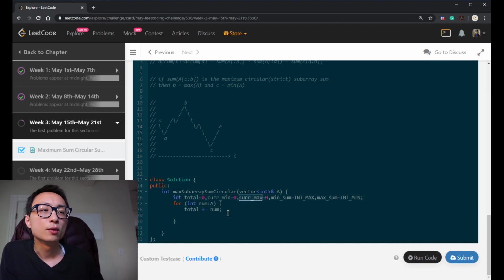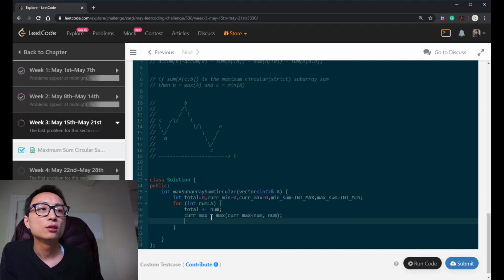Let's work with current maximum, because it's the OG Kadane. It's the maximum between including this number or just that number alone. So the Kadane current maximum's role is to keep track of the current upward trend.